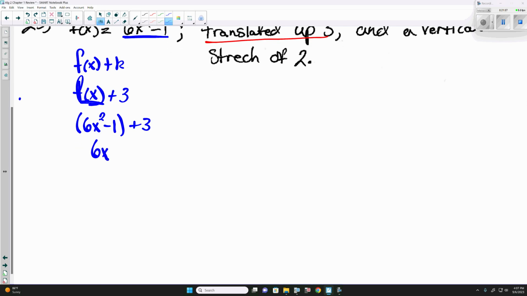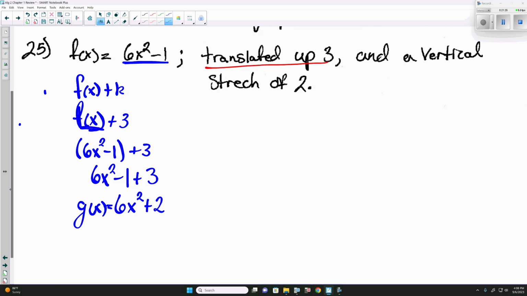Now at this point here, we can drop the parentheses, telling us that we have 6x squared minus 1 plus 3. And lastly, we can combine like terms, telling us that we have 6x squared plus 2. So this is our new function, and we can call this g of x. Now, they didn't say we were done because they said, and a vertical stretch of 2.